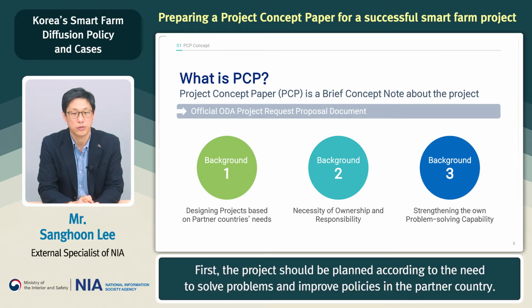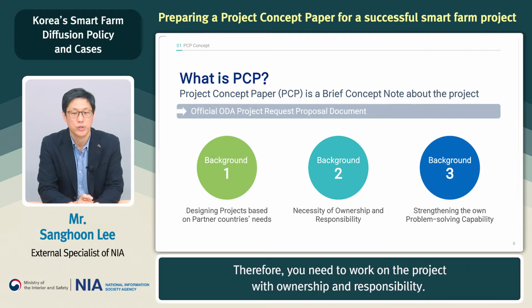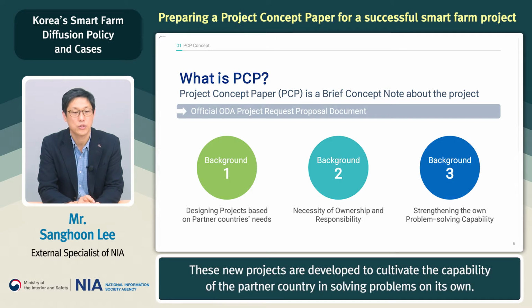First, the project should be planned according to the need to solve problems and improve policies in the partner country. Therefore, you need to work on the project with ownership and responsibility. These new projects are developed to cultivate the capability of the partner country in solving problems on its own.